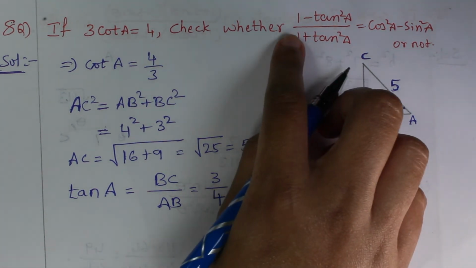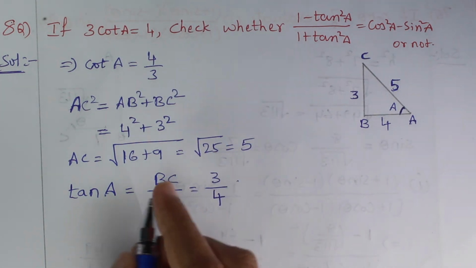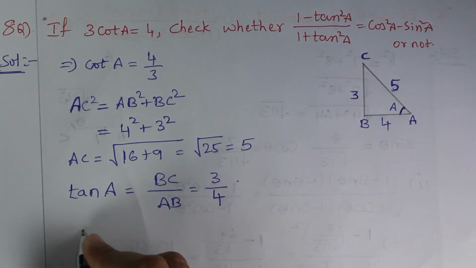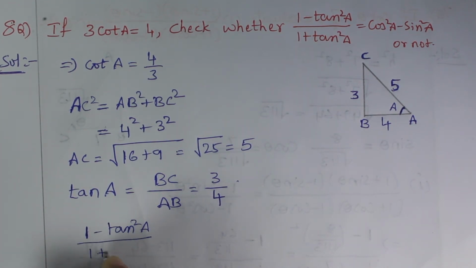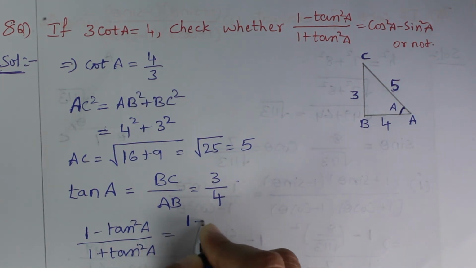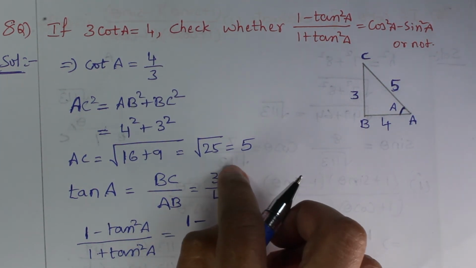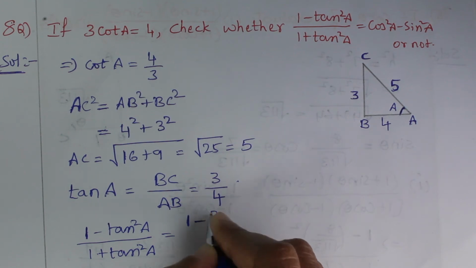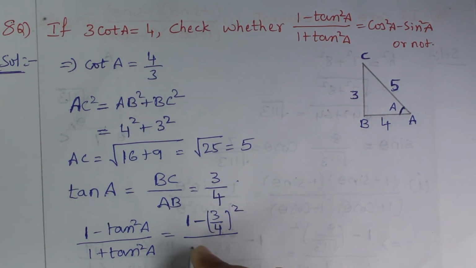Now we will calculate (1 minus tan square A) divided by (1 plus tan square A). That is equal to 1 minus, what is tan square A? 3 by 4 whole square, divided by 1 plus 3 by 4 whole square.